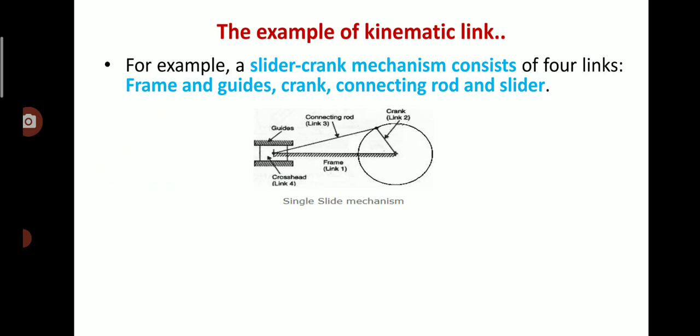So let us see by example the structure of a kinematic link. In this figure you will see the single slider crank mechanism, which has four links. You will see clearly in this picture the frame and the guides, crank, connecting rod and slider.